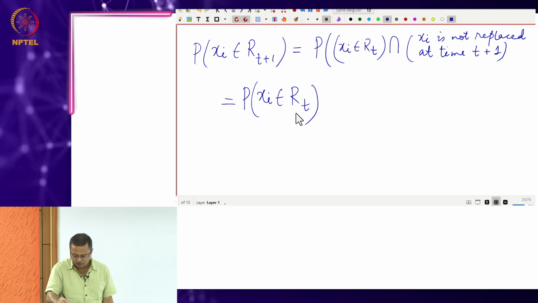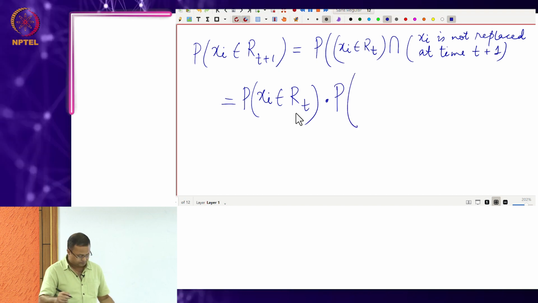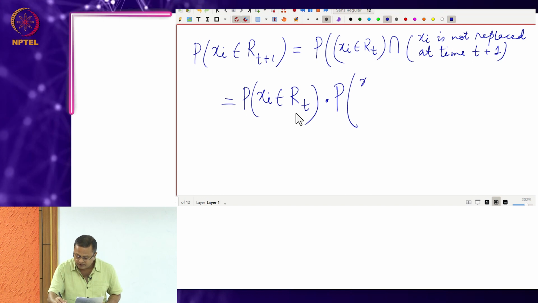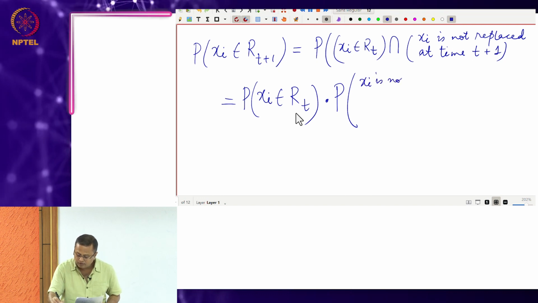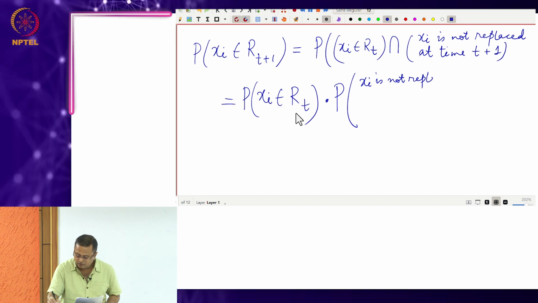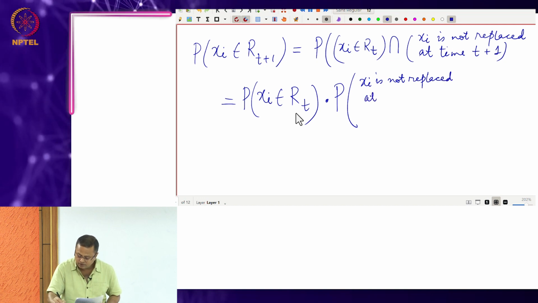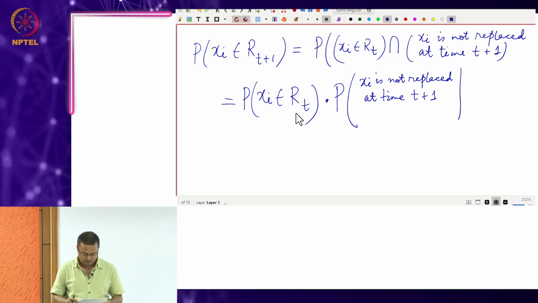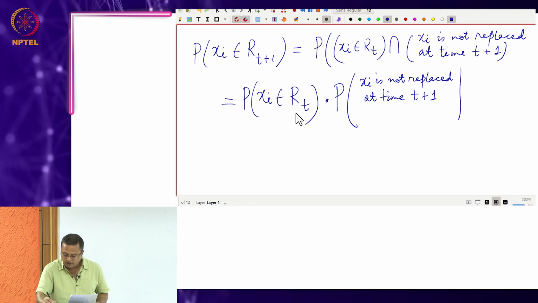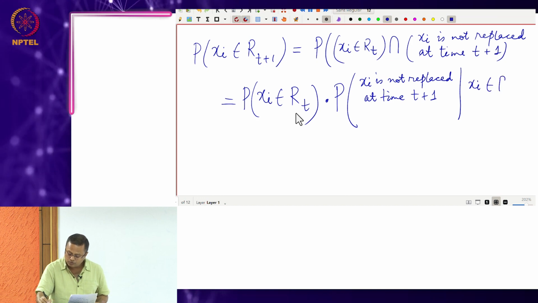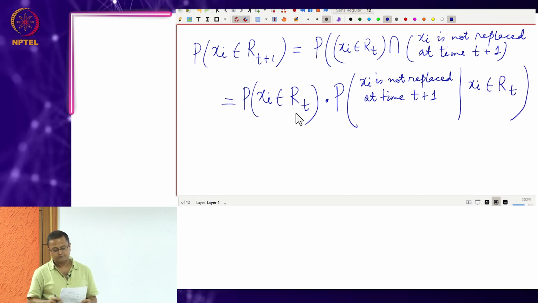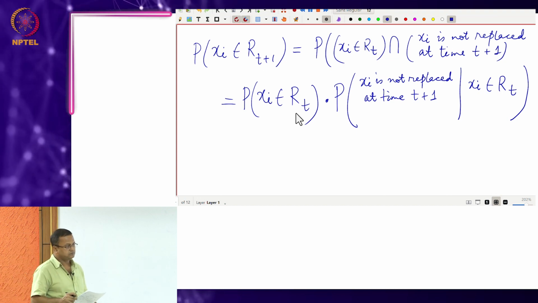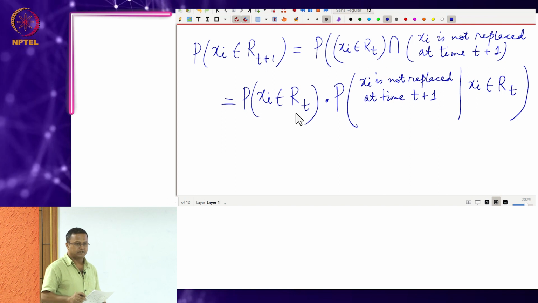So, on this part induction would hold. Into probability xi is not replaced at time t plus 1 given that xi belongs to Rt. Agreed? This is just the chain rule.